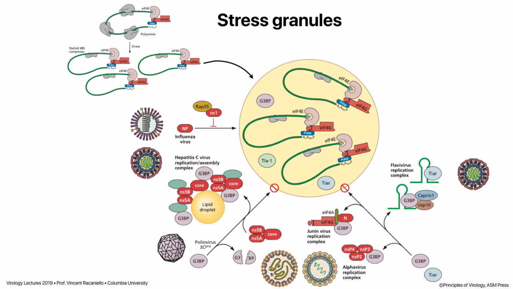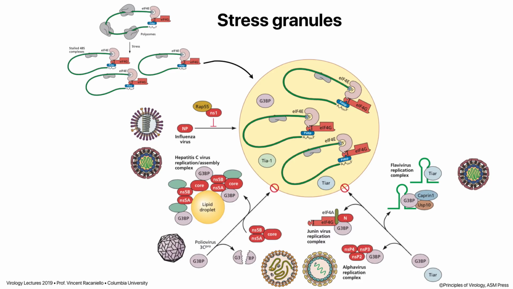Another response to virus infection, so one you saw is PKR, phosphorylation of eIF2 alpha, inhibition of translation. Another response is the formation of stress granules. So under conditions of stress, ER stress, amino acid deprivation, virus infection, cells take the actively translating mRNAs, which are shown at the top left here, and they put them into these structures in the cells called stress granules.